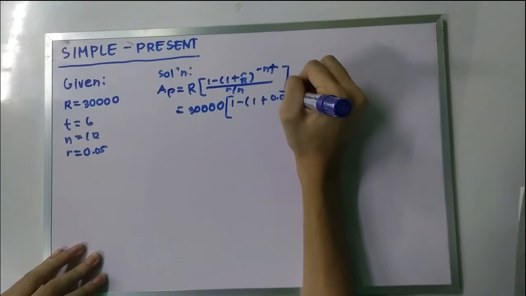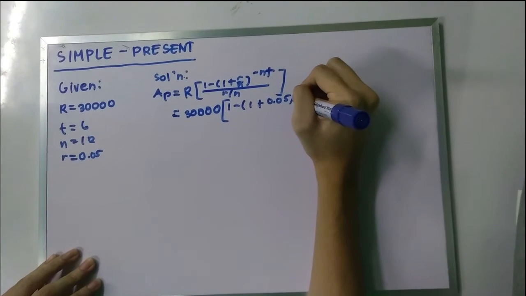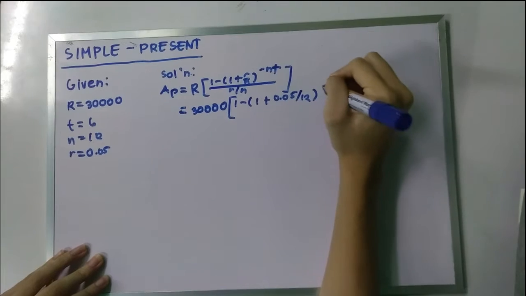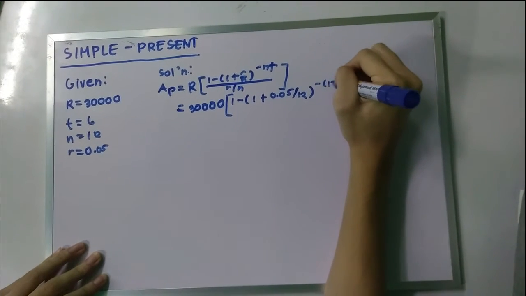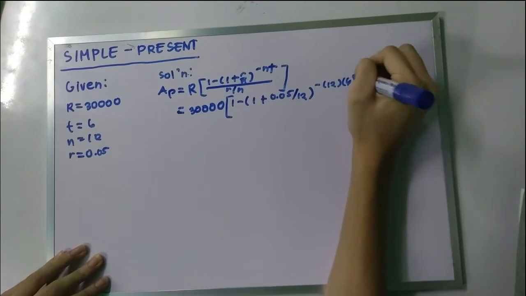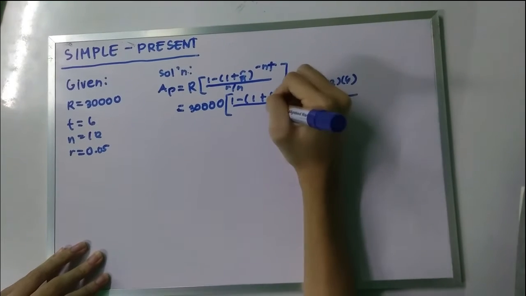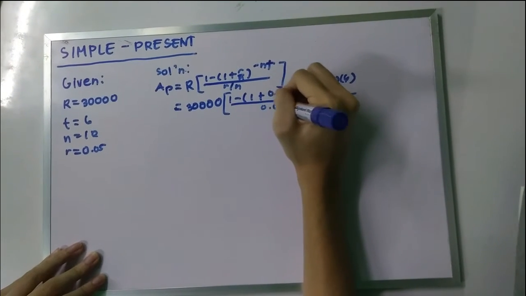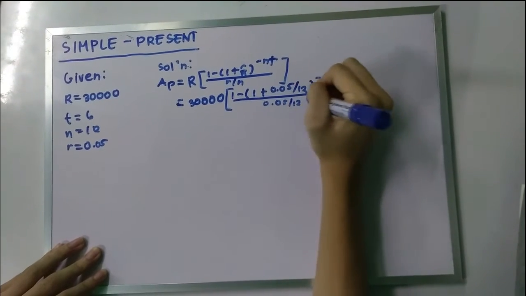This becomes 30,000 times 1 minus the quantity of 1 plus 0.05 over 12 to the power of negative 12 times 6 all over 0.05 over 12.